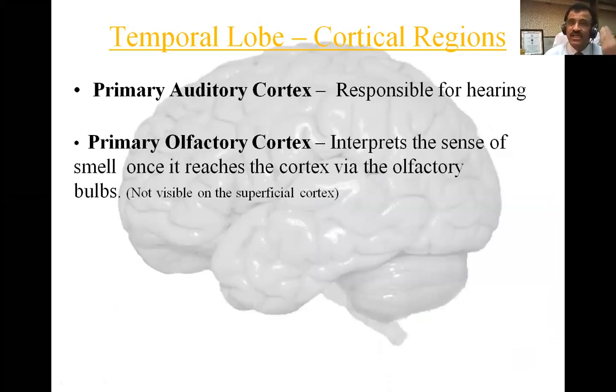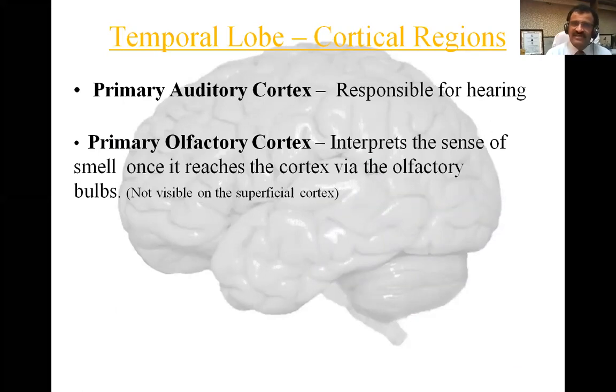Hearing, that is, to be able to hear. Okay, and another is the primary olfactory cortex. Both are special sensations. There are altogether 4 special sensations. Okay, vision, gustatory, that is taste, third is auditory, and fourth is olfactory.